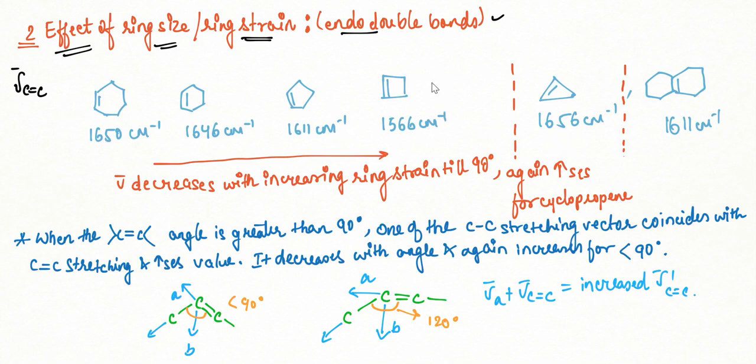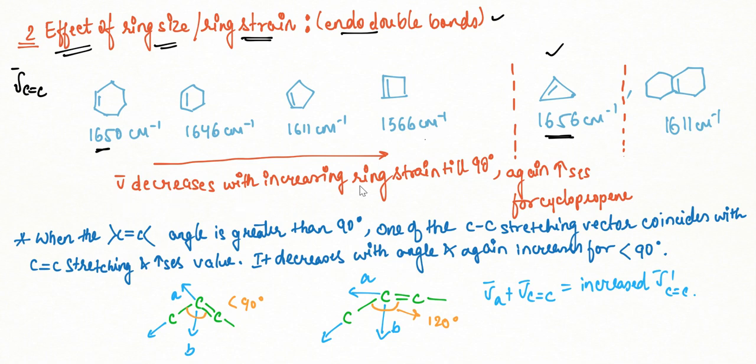So it is least for the cyclobutene system, but as we go to cyclopropene, definitely it is higher. As we can see, it is much higher as compared to cycloheptene as well. So for the 3-membered ring system, it is going to be very high, and it is going to decrease till the 4-membered ring system. Okay, and why is that so?